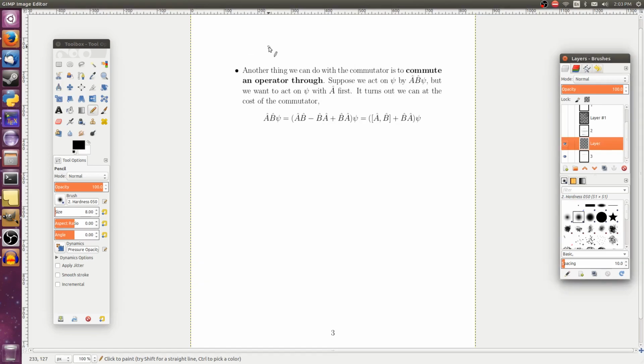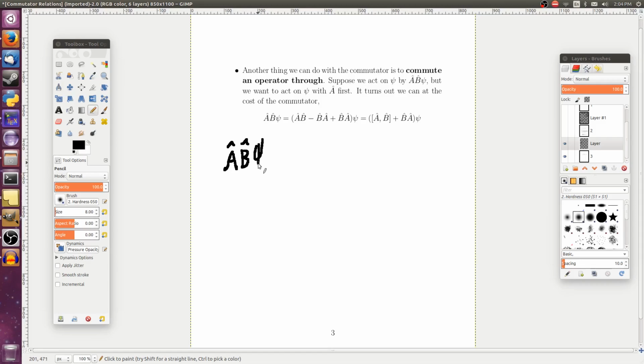So one more trick that we can do with operators, and then we'll finally be able to apply all this stuff, is to commute an operator through. As we just discussed, operators in general may not be commutative. So if I've got a situation where I've got AB acting on psi, and then for one reason or another I wanted to act with A first, like perhaps I know psi is an eigenfunction of A, it would be useful if I could do this.